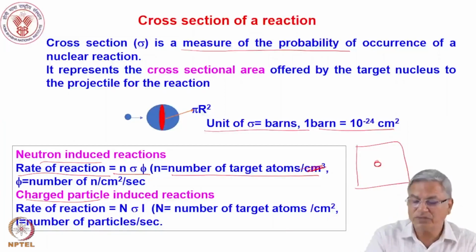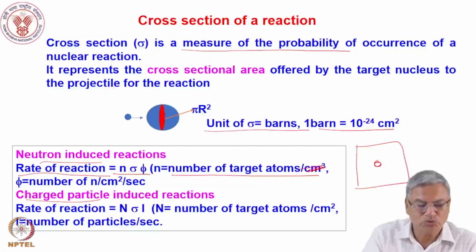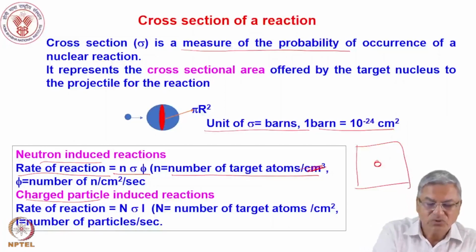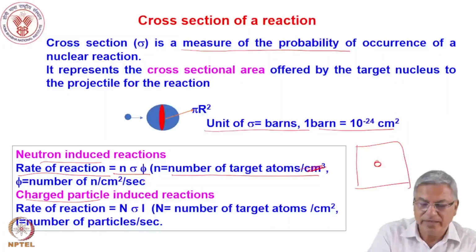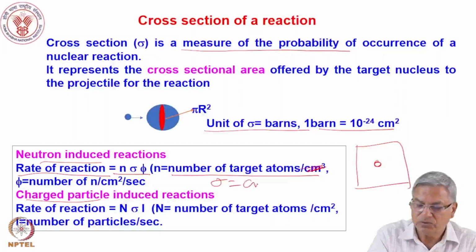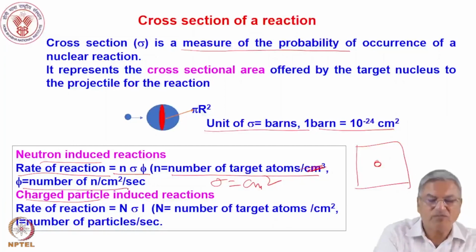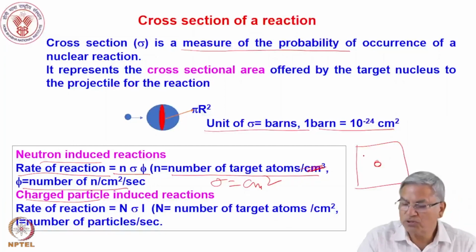So all the atoms in the target are exposed to neutrons. And so N sigma phi, N is the number of target atoms, sigma is the cross section, so unit is centimeter square, and phi is the flux. So how many neutrons are going through a unit area per second? That will define the phi.